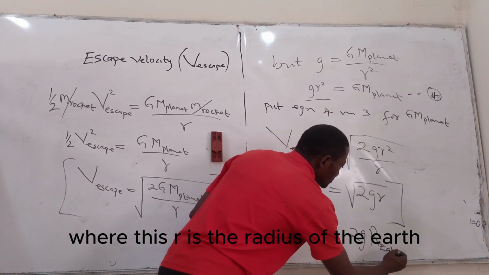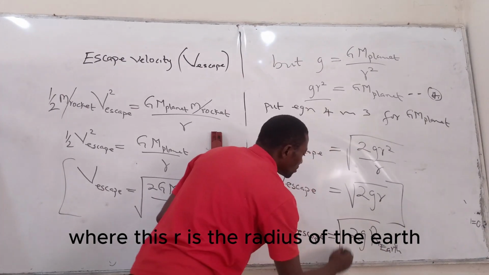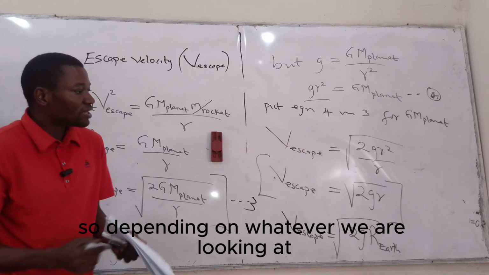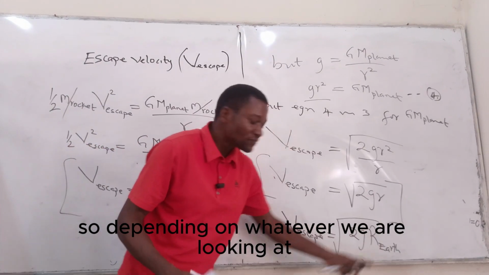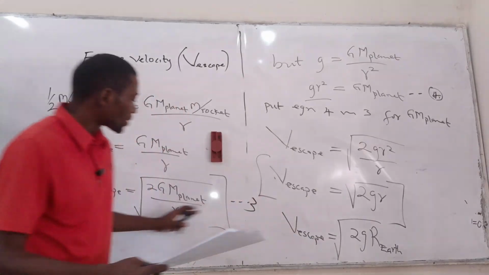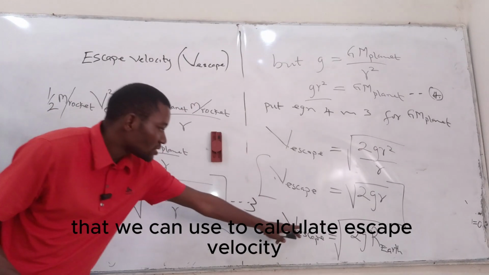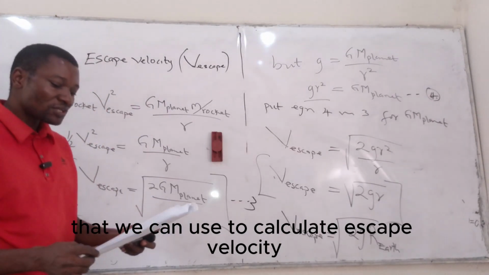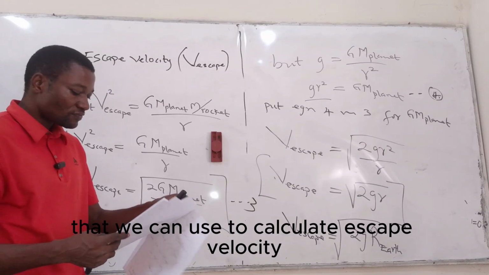So these are the two formulas that we can use to calculate escape velocity. If the planet we are considering is Earth, the escape velocity can be written as square root of 2gR, where this R is the radius of the Earth, depending on whatever we are looking at.